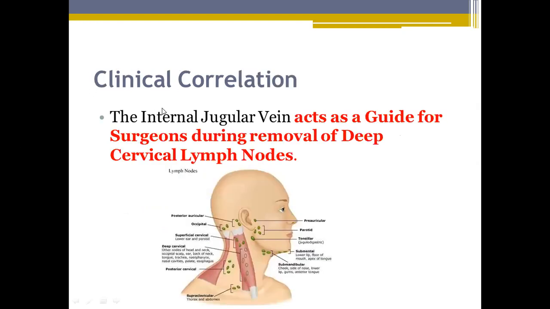Clinical correlation of the internal jugular vein: it acts as a guide for surgeons during removal of deep cervical lymph nodes. So why do we remove deep cervical lymph nodes? Let me tell you that venous pressure can be raised if there is right heart failure.